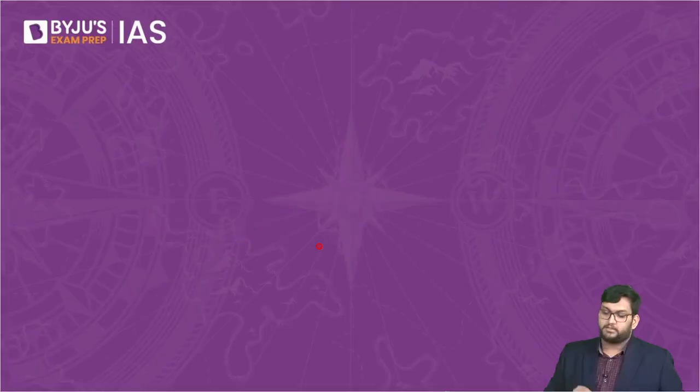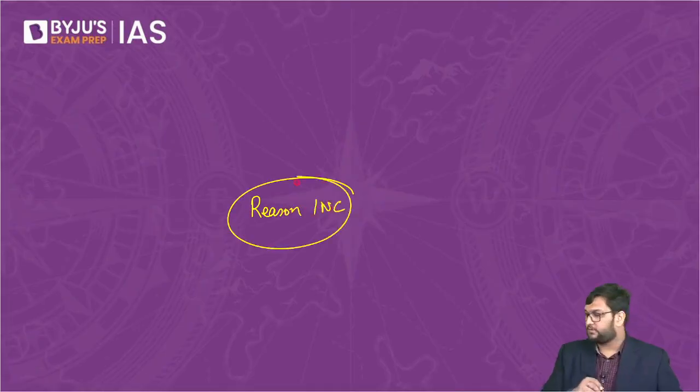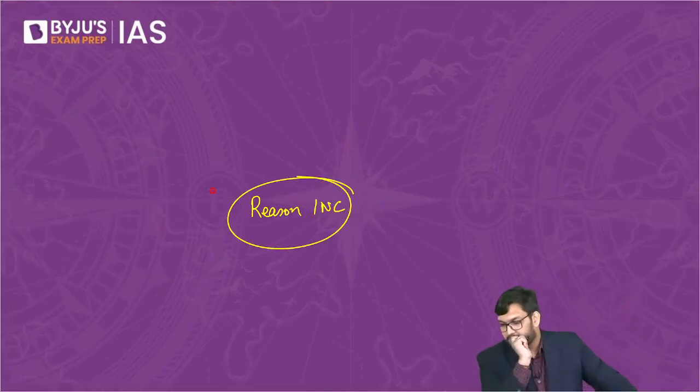Thereafter, if they ask you what was the reason for INC formation, what is the one word which you are going to use? Reason for the formation of INC? Yes, culmination. Culmination. That's it.